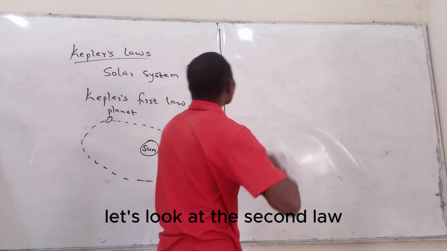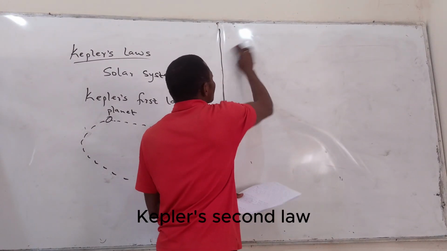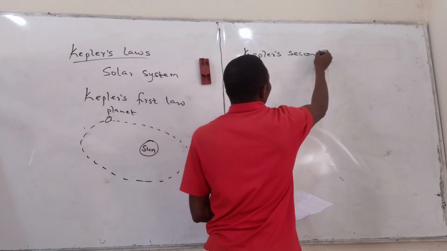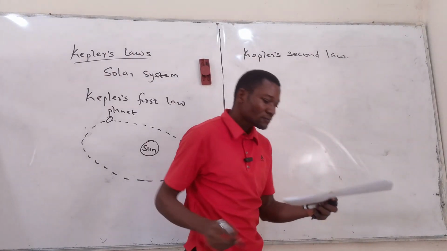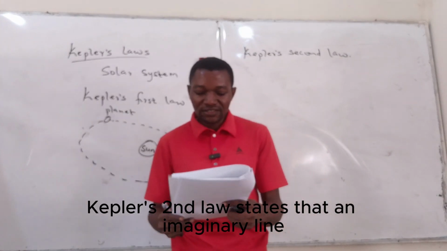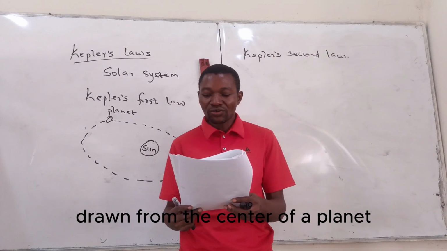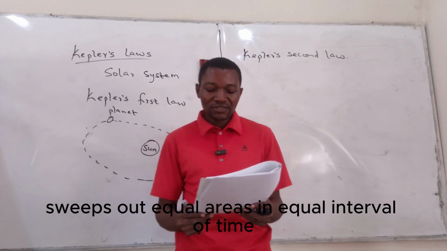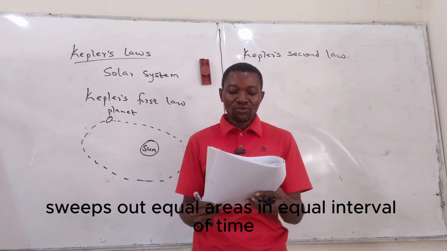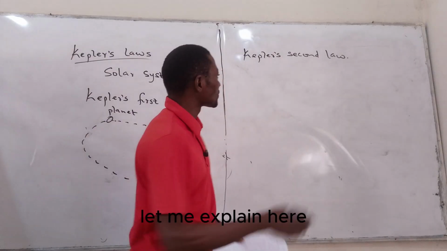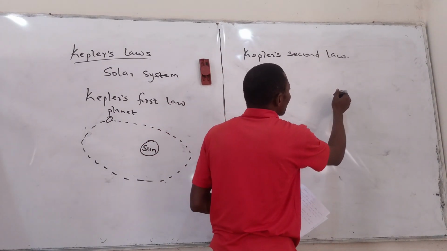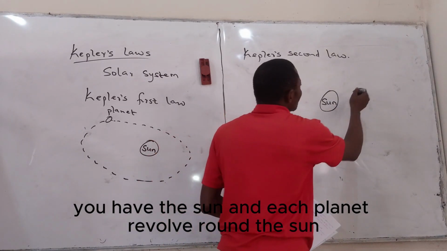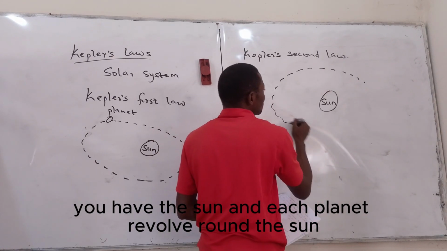Let's look at the second law. Kepler's second law states that an imaginary line drawn from the center of a planet to that of the sun sweeps out equal areas in equal interval of time. Let me explain here. You have the sun, and each planet revolves around the sun.